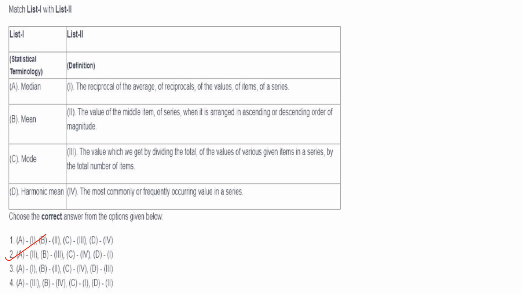So B3. Mode is the most frequently occurring one. So the most commonly or frequently occurring value in a series, that is mode. And harmonic mean is the reciprocal of the average of reciprocals of the values of the terms of a series. So A2, B3, C4 and D1 is the answer. So that's option 2.